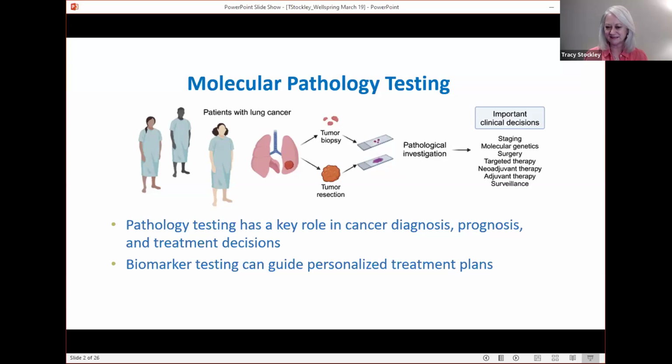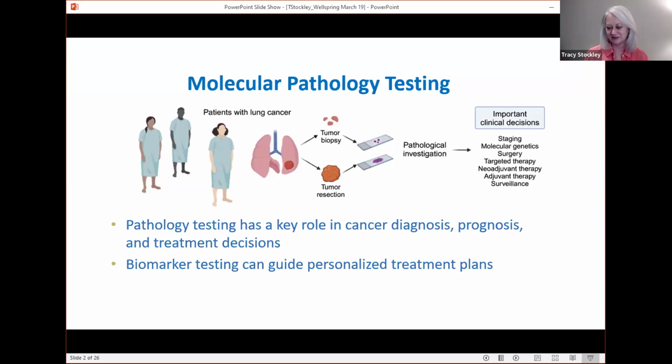And in both those cases, that gets sent to the pathology department, where the tissues are processed, and the pathologists then do a number of different investigations on that tissue and try to help your clinical team make some important decisions about that. And then at the right-hand side, you can see all of the things that can be decided based on that pathology investigation.